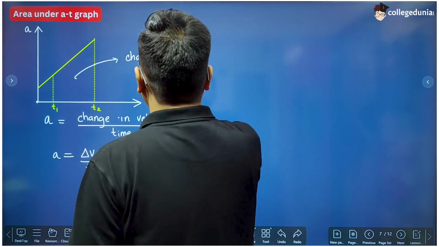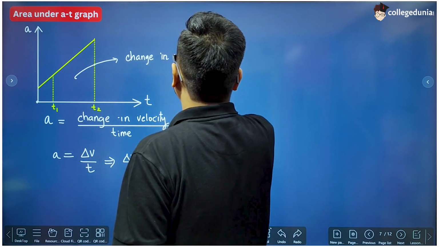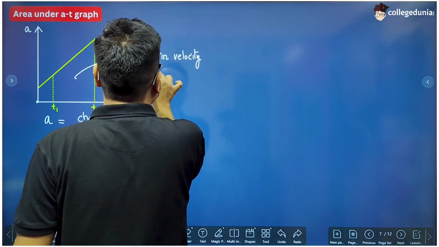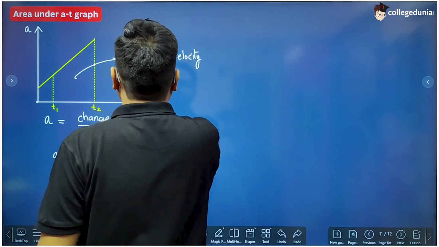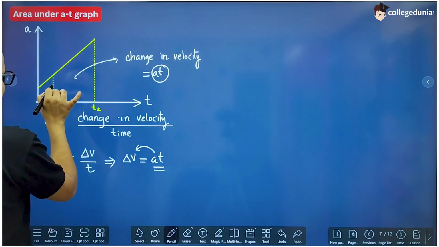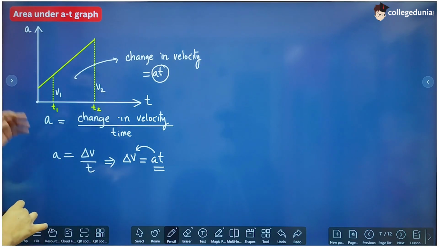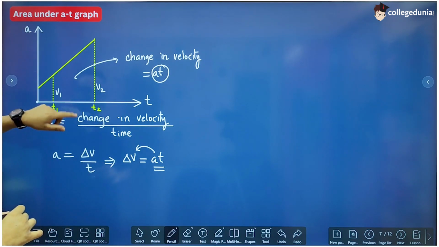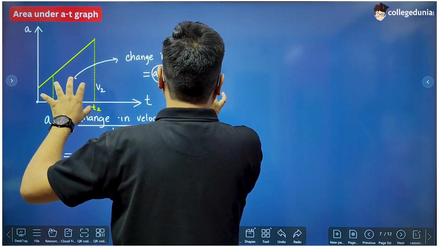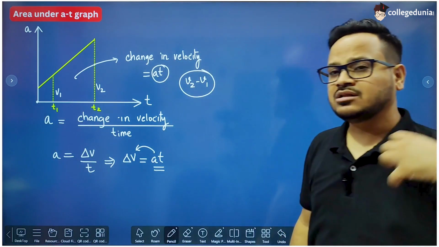So the change in velocity of the body will be the area under the graph, right? Let us say the velocity of the body at time t1 was v1 and at time t2 it was v2. So this area will give us v2 minus v1.